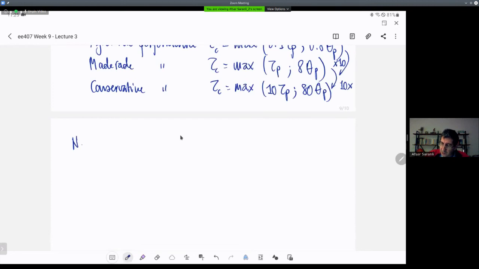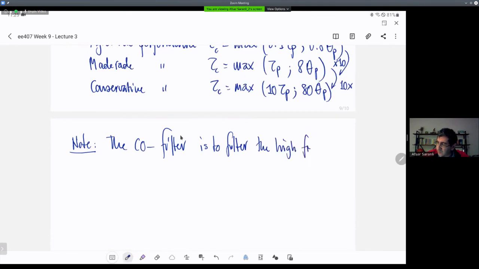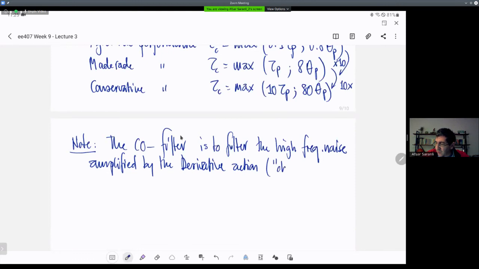So another note, the CO filter is to filter the high frequency noise introduced or amplified by the derivative action, which causes some kind of chatter in U of t.